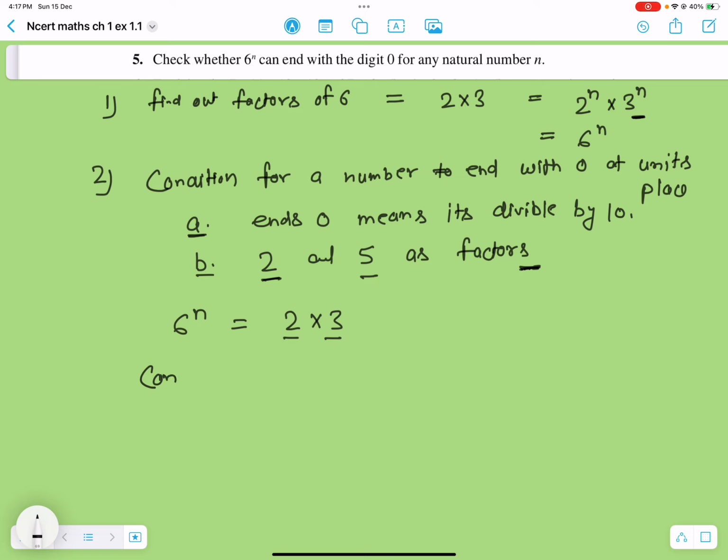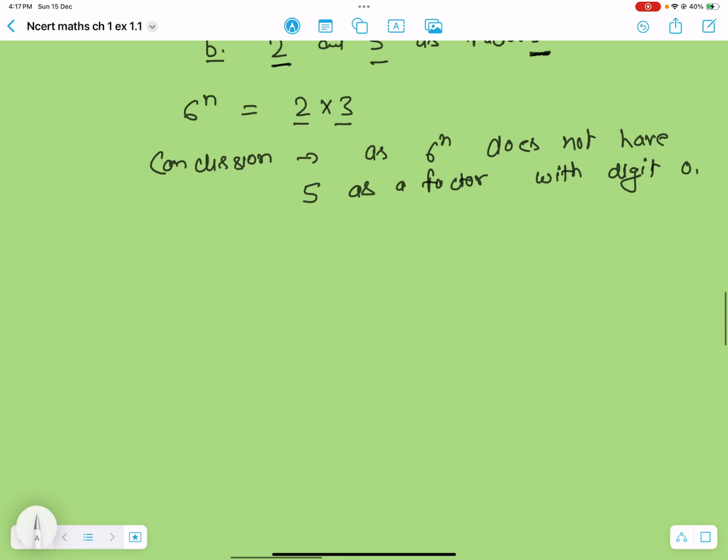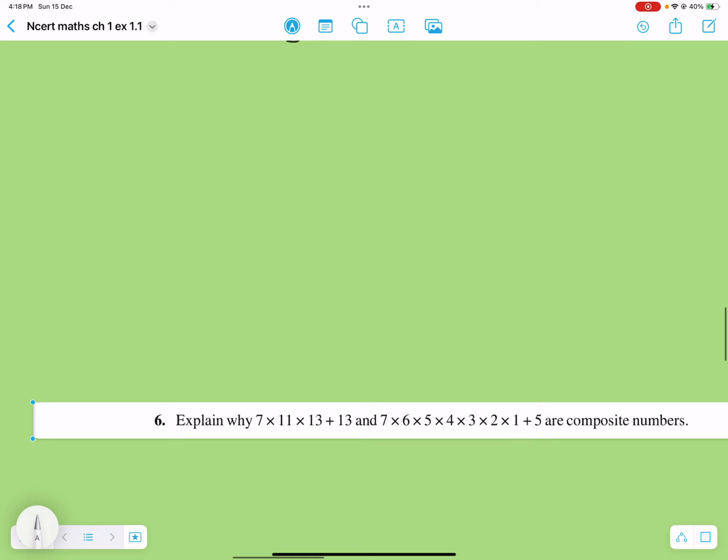So our conclusion would be, as 6 raised to power n does not have 5 as a factor, it can never end with digit 0, right? So that's pretty easy to prove. Now, without wasting any time, let's go on to the next question.